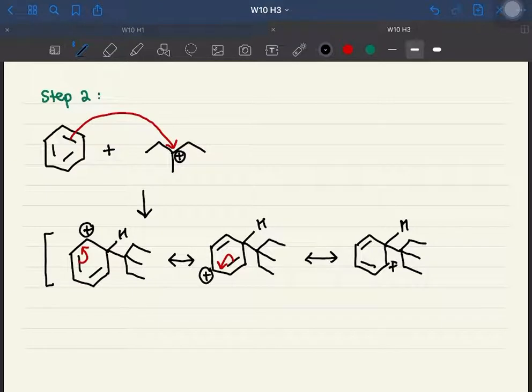Don't forget the positive charge. So these are our resonance structures.